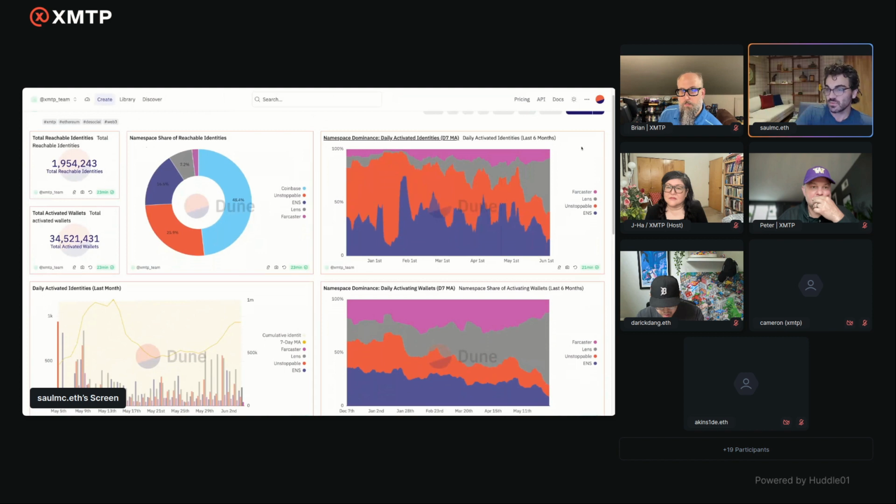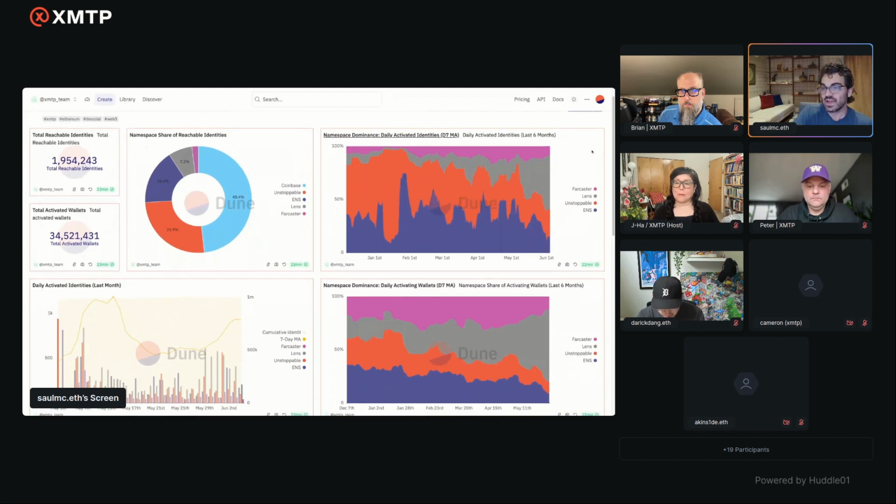The first chart here, the area chart on the top right, the daily activated identities chart, tracks identities rather than wallets. Meaning, if there is a wallet that has, say, 5 different ENS domains associated with it, or 10 different Unstoppable domains associated with it, all of those 5 or 10 domains count as identities that are reachable in the network.